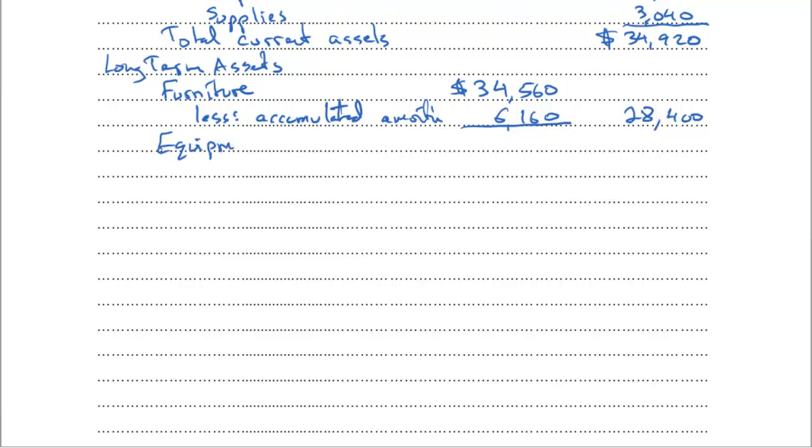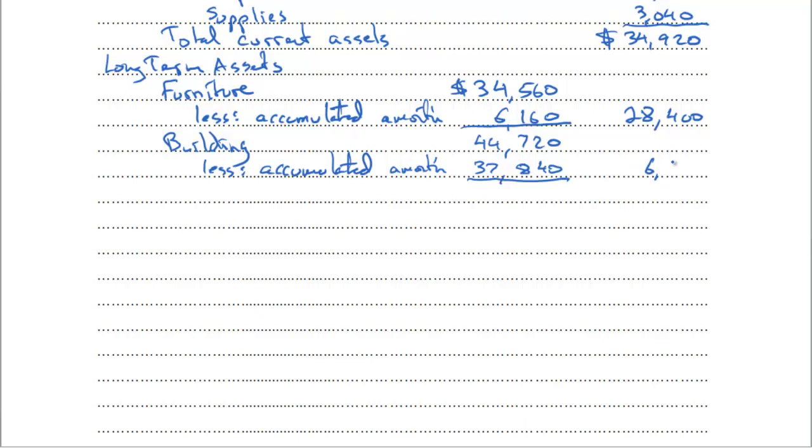We have building. $44,720 less accumulated amortization of, this building is almost fully amortized, 37,840, which gives us a net book value of 6,880.